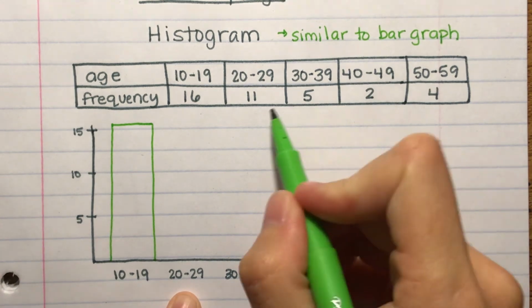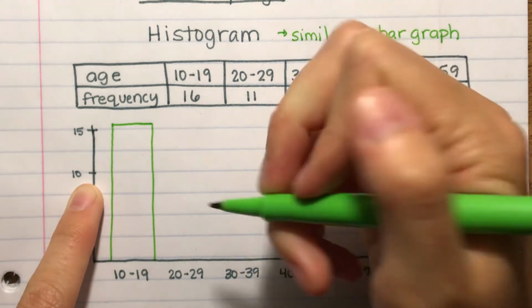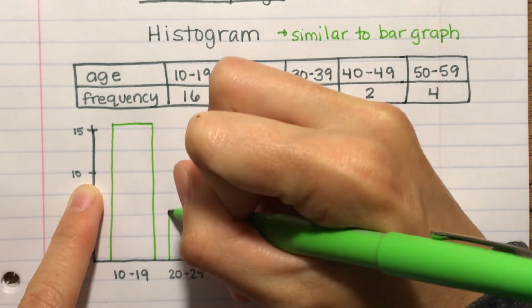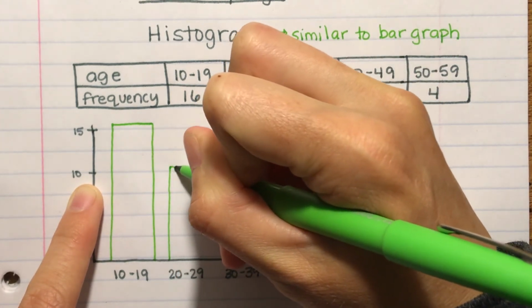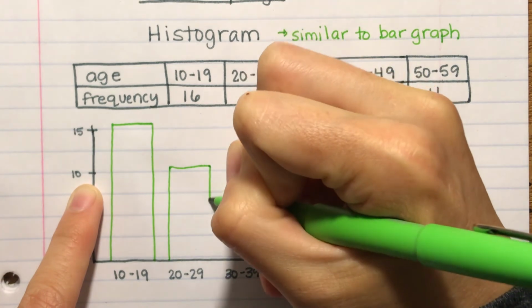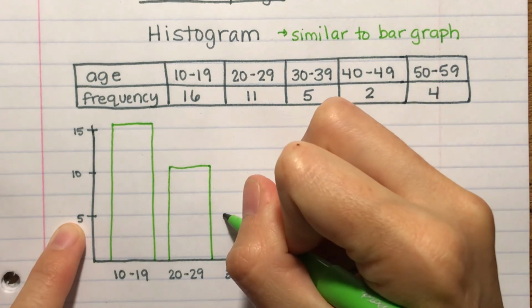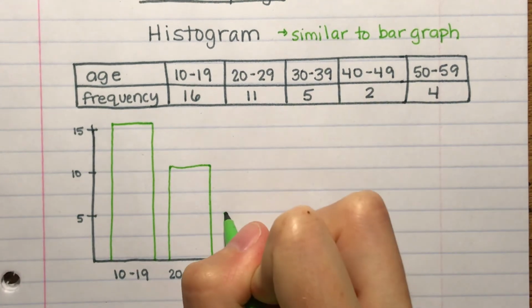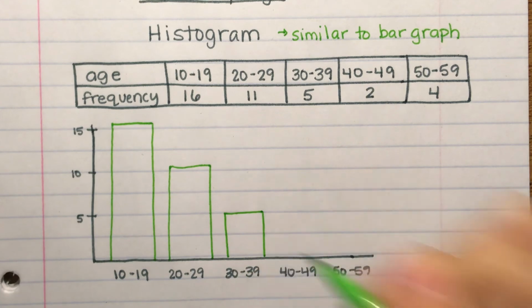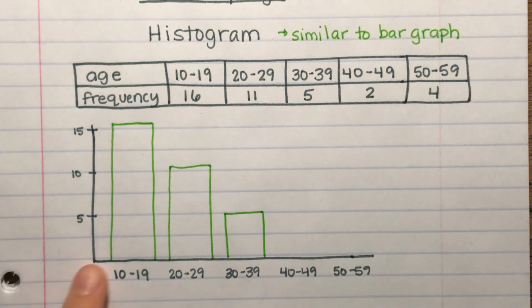So 20 to 29 had 11. So again, I'm going to make a bar that goes up a little bit past that 10 mark. 30 to 39, I'm going to go to the number 5. 40 to 49 only had 2.